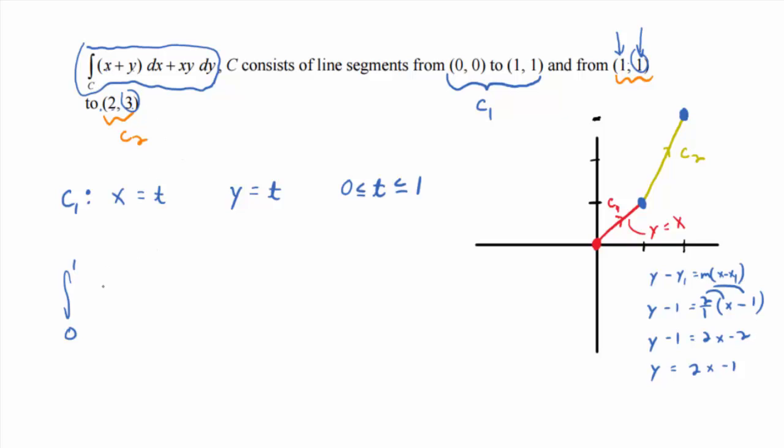X plus y would be 2t, right? And then what would dx be? 1 dt, right? Yep. And then plus x times y, what would that be? T times t squared. dy, what's dy? No, y is equal to t, so dy is dt also. And that's your first setup. Remember, just factor out the dt and you've got your single calculus 1 type integral. Okay? That's your first setup.